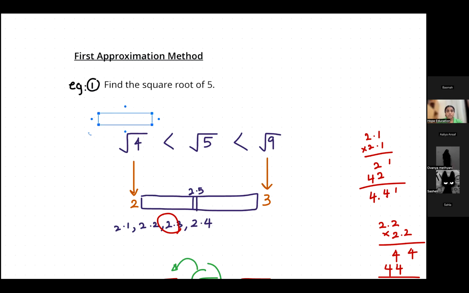Since 5 is the perfect. මේ උඩ ටික ලියන්න පටන් ගන්න ළමයි. Question එක දාලා example 1 කියලා දාලා find the square root of 5 කියලා question එක දාන්න.